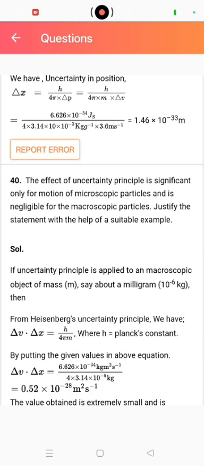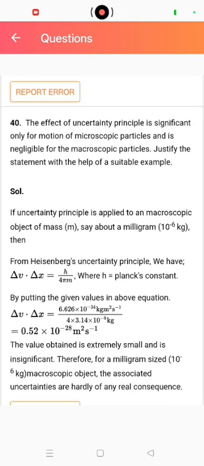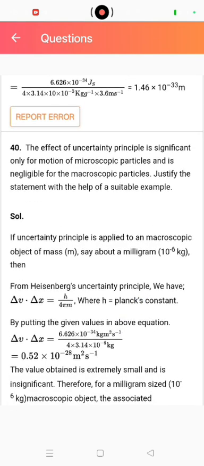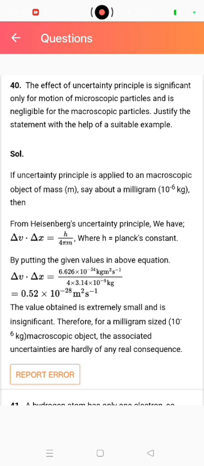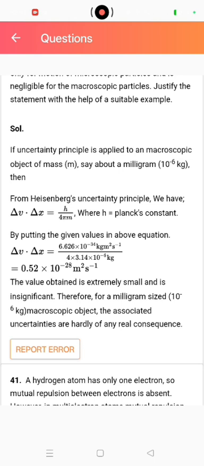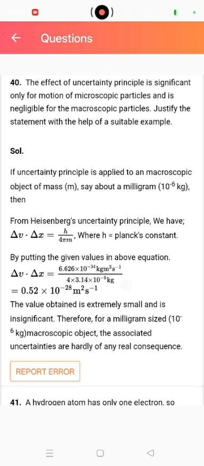The effect of the uncertainty principle is significant only for the motion of microscopic particles and is negligible for macroscopic particles. Justify the statement with the help of a suitable example. Delta v into delta x equal to h by 4 pi m, where h is the Planck's constant. Substituting that, delta v into delta x is 0.52 into 10 raised to minus 28 meter square second inverse.